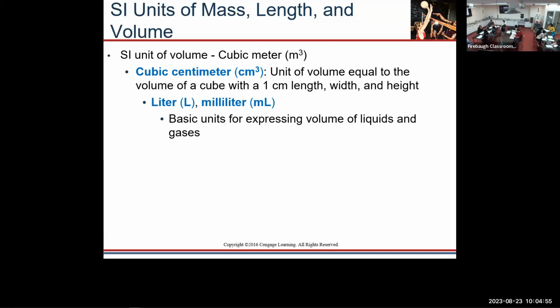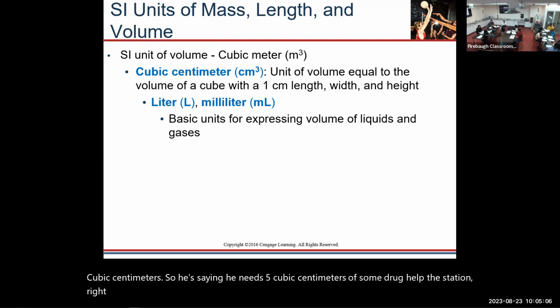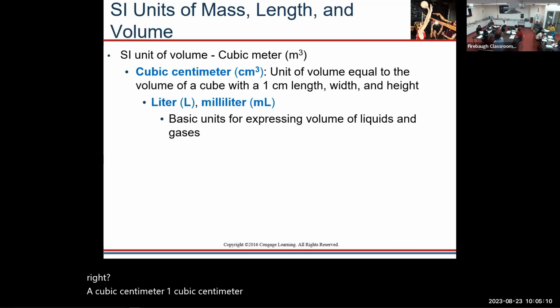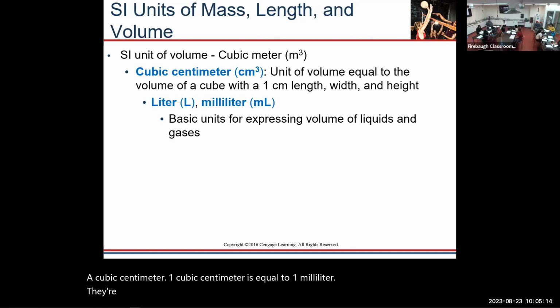Cubic centimeters. So he's saying he needs 5 cubic centimeters of some drug to help this patient. Well, 1 cubic centimeter is equal to 1 milliliter. They're comparable, they're equated. So he needs 5 milliliters of drug to help this patient.